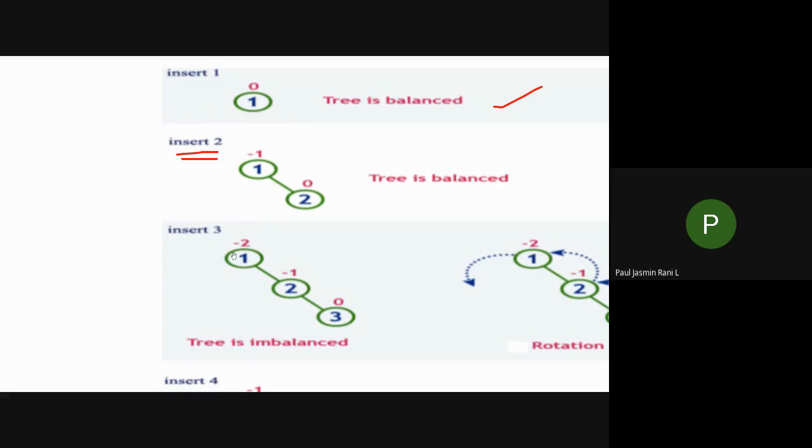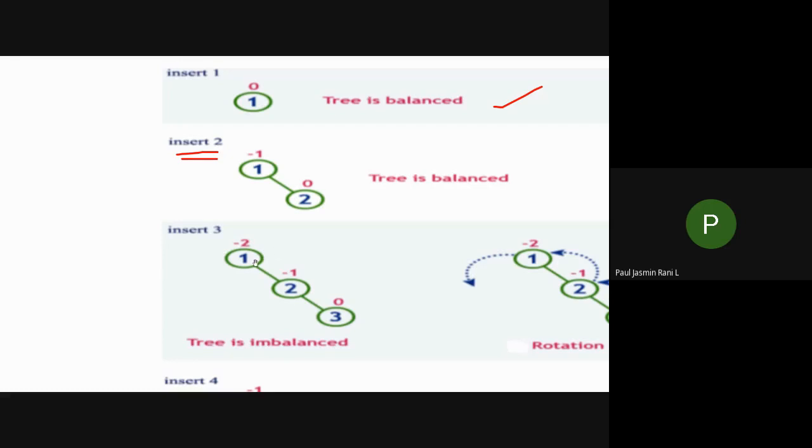In the root node, in the left subtree you don't have any elements, therefore you mark it as 0. 0 minus the number of levels in the right subtree, which has level 1, level 2. Therefore the root node 1 has a balance factor of minus 2. This is how you have to calculate the balance factor.